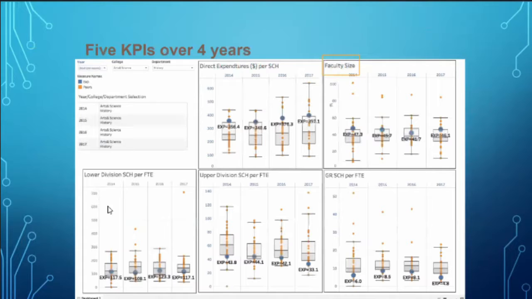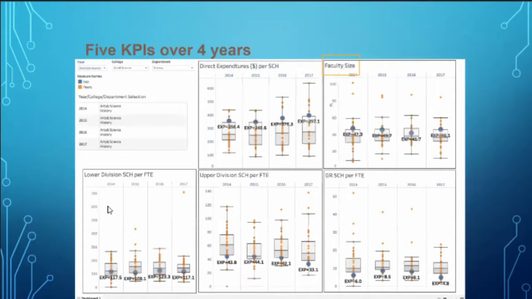And then the 3 bottom indicators show the teaching at the lower division undergraduate level, upper division undergraduate level, and graduate level instruction. You can see that this probably is not an ideal arrangement because it's a fairly large department in terms of instructional faculty.